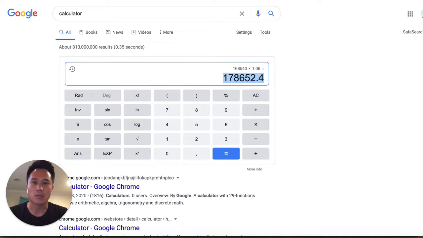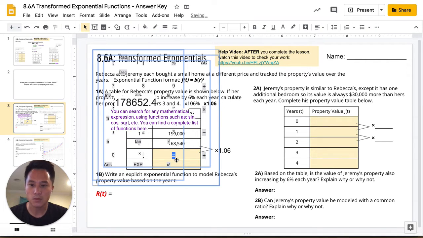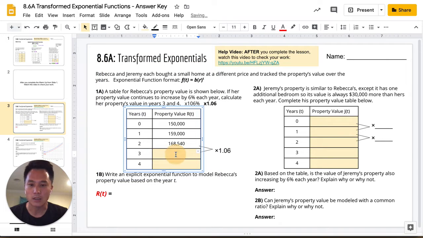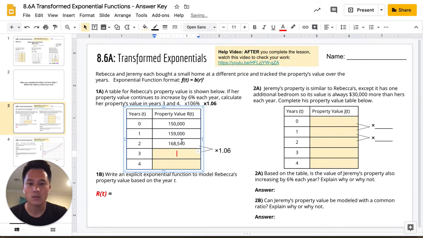I can copy and paste that number. Oops. Got more than I needed there. Let's try this again. There we go. Just a little bit smaller.